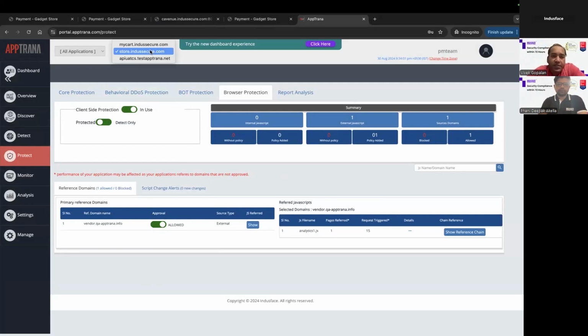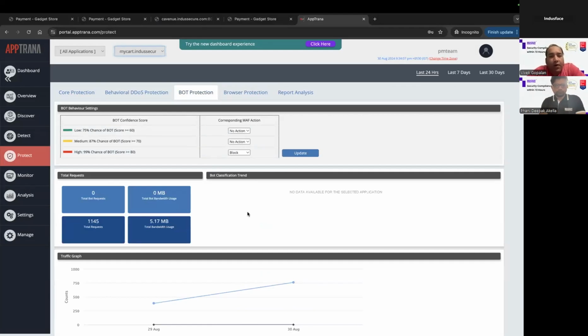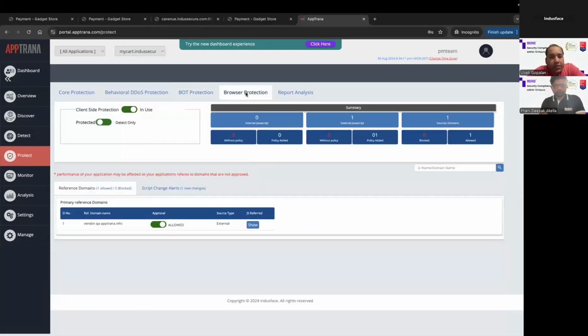Once the enforcement is started, this is a site that is already behind Aptrana with all the enforcements. You can see browser-based protections also enabled. Now in this case, it's the same behavior. You have analytics.js, but a malicious JS is now embedded in the analytics.js.